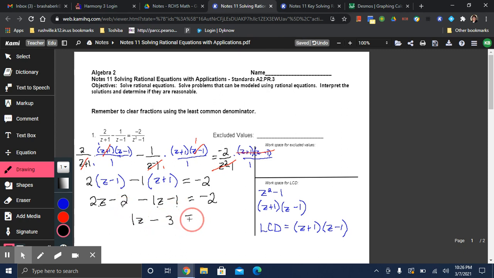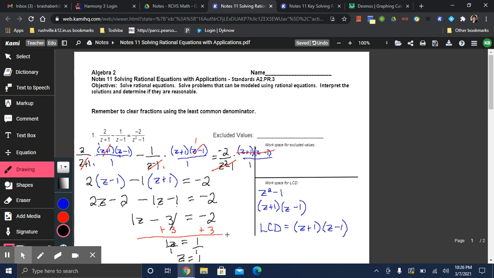That'd be minus 3 equals negative 2. We can add 3 to both sides of the equal sign. And that will leave us with 1z equals 1. We can divide both sides by 1, giving us z equals 1.